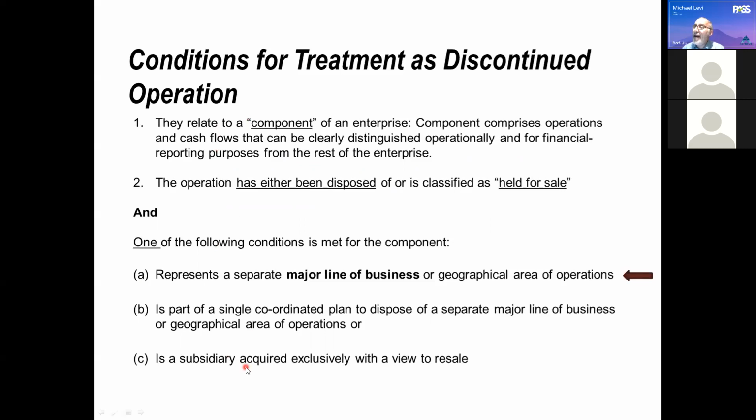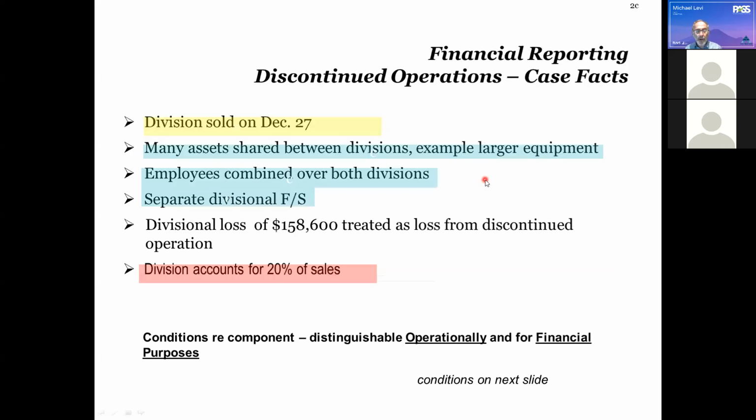Oh, excellent. Somebody put in the chat box whether it's a separate component. Excellent. I agree 100%. The bottom line is a component comprises an operation that's distinguishable operationally and for financial purposes.